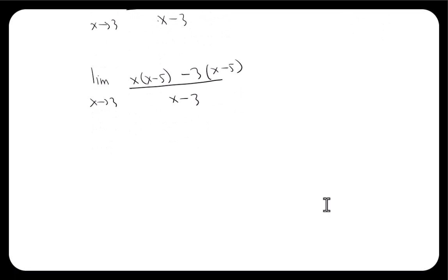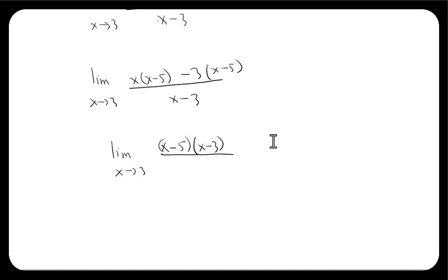Now when we group all the terms together, we are going to have the limit as x approaches 3 of. Now because these two brackets are the same, we just write them together. That means we are going to have x minus 5 in one bracket, multiplying x minus 3, divided by the expression x minus 3.